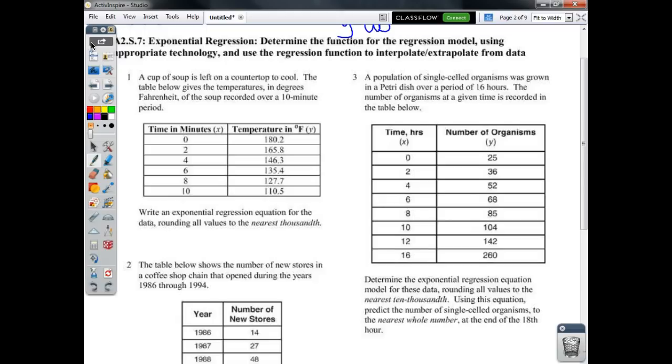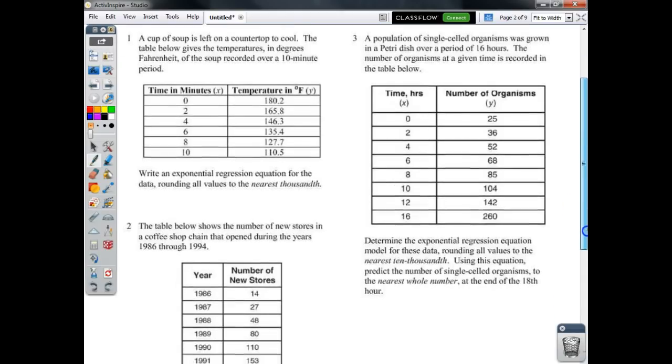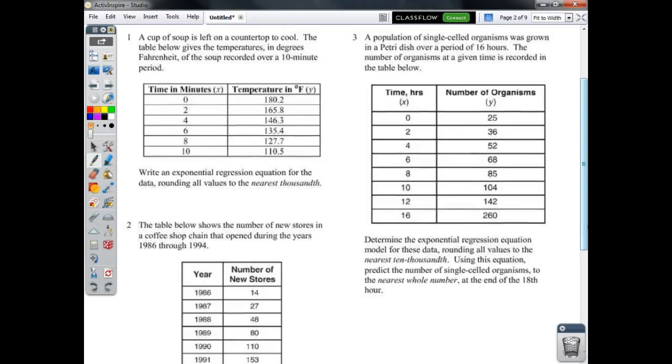So they give you the table, right? Then they say, determine the exponential regression equation model for these data, rounding all values to the nearest 10,000. Using this equation, predict the number of single-celled organisms to the nearest whole number at the end of the 18th hour. I made a Schoology assignment for this, so don't worry about the whole rounding thing. It'll be close to what the answer is.